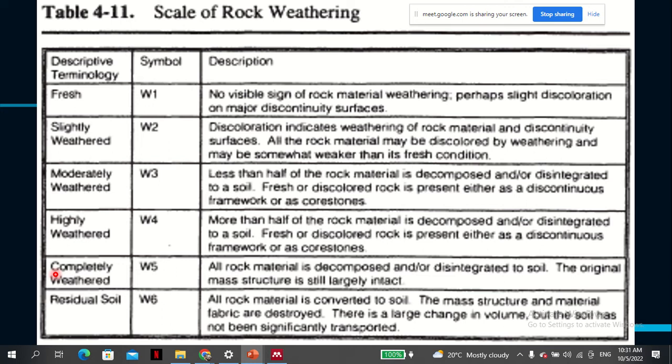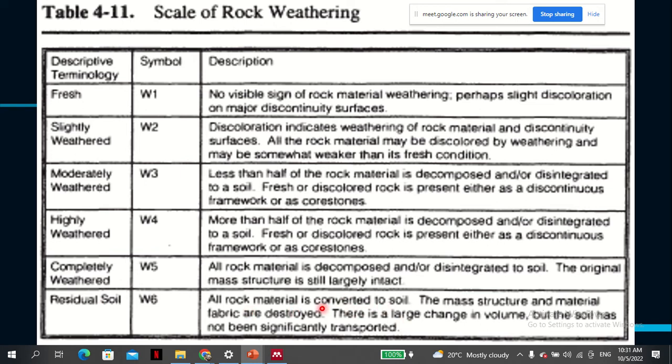Completely weathered, W5: all rock material is decomposed and disintegrated to soil. The original mass structure is still largely intact. Residual soil, W6: all rock material is converted to soil.